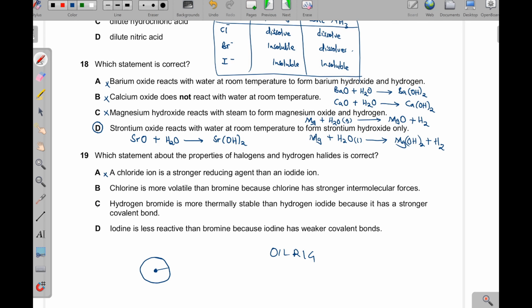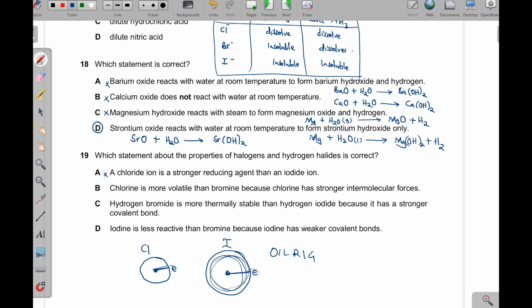So it becomes easy for chlorine to gain the electron here because of the stronger nuclear attraction. Do you see that? But when you come to iodine, the distance here is too big. That means there is a lot of shielding from the nucleus. So the nuclear attraction for this incoming electron is going to be very weak.